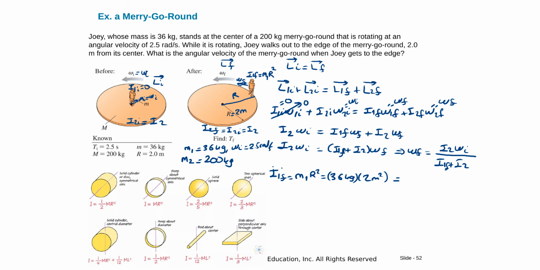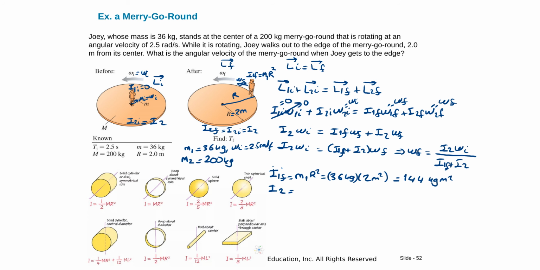Once you put these in, you will find Joey's final rotational inertia to be 144 kilogram meter squared. And I2, initial and final, are the same, not changing.